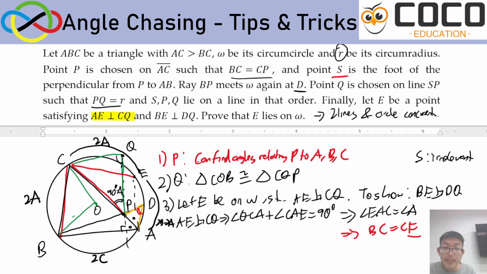Now remember, at the start we already said that I can find all the angles relating P to ABC. Now that means that I can also get the arc AD, which is angle PBA.